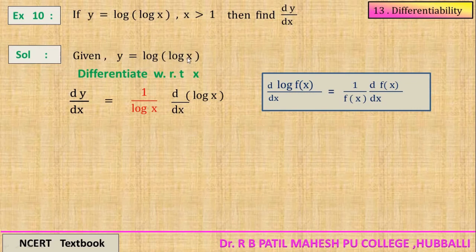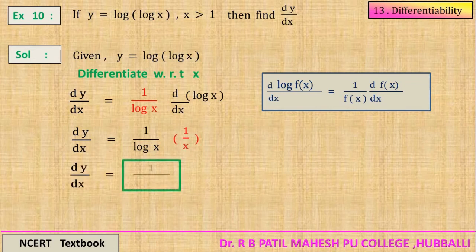And after that, this variable derivative. Derivative of log x is 1 by x. So rewriting this one, 1 upon x log x. So that is the solution or derivative for the log of log x function. I hope you understood, students.